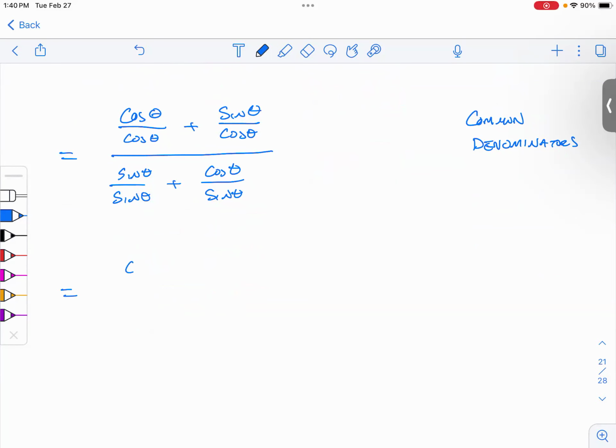Now I can combine those, cosine theta plus sine theta all over cosine theta. Sine theta plus cosine theta all over sine theta.